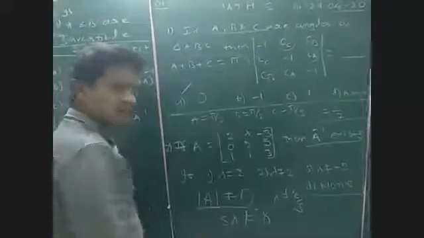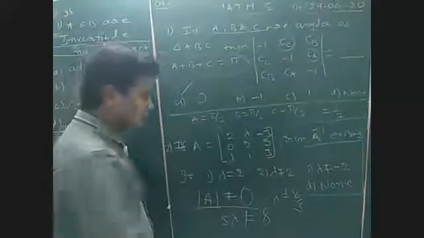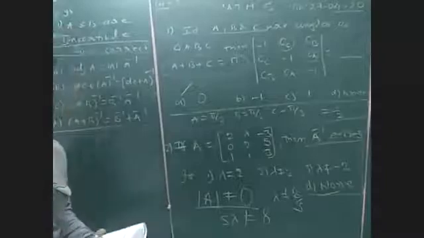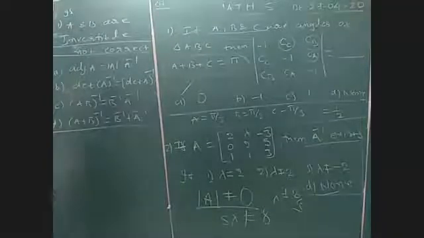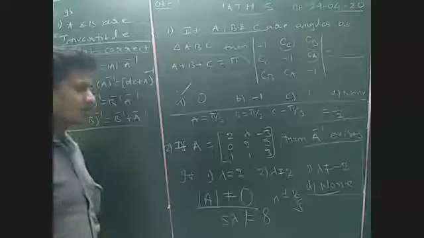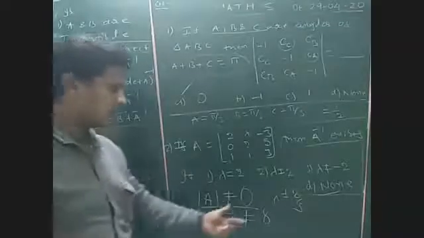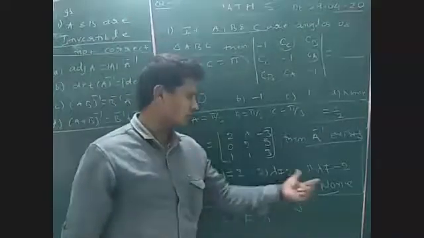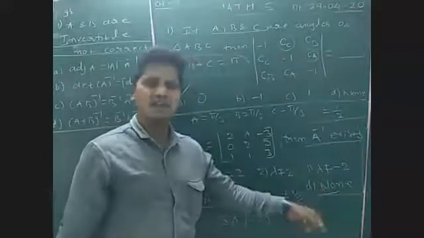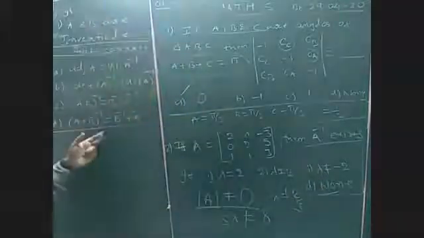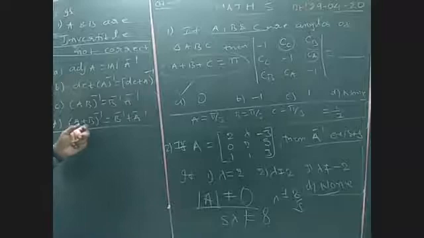Is there any option? No option, so the D option is right. So clearly lambda not equal to 8 by 5 you got, so there is no option, option D is right. Okay, let's see which one is not correct.